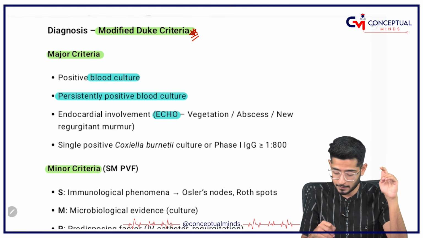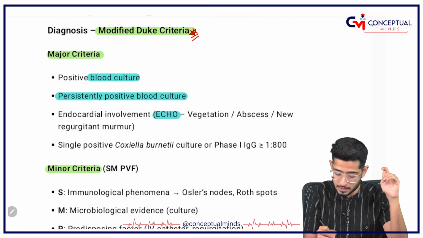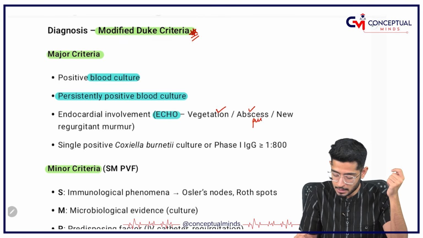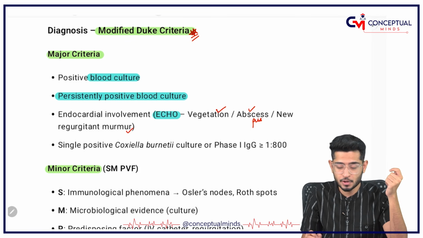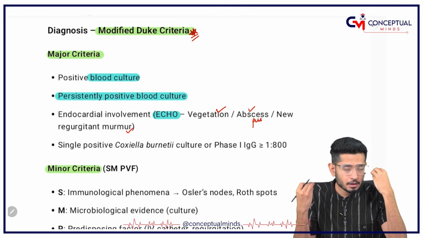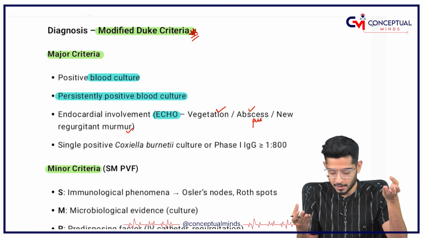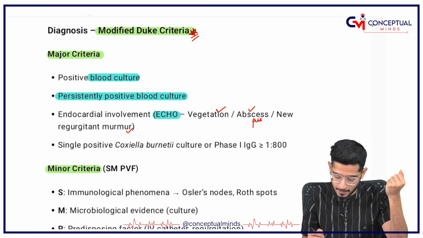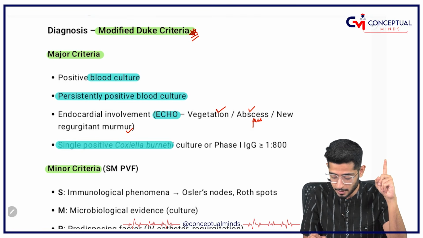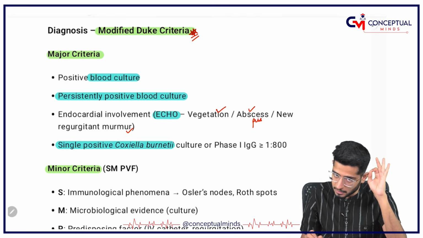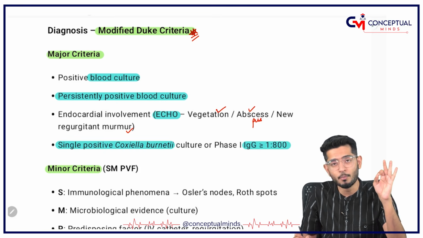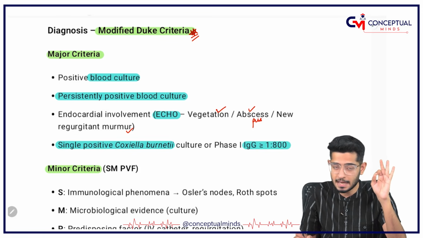you have the involvement, like the vegetations can be there, like abscess formation can be there, pus formation, like some murmur is there. So you are confirmed that the heart itself is showing you some things. That's the major criteria. And there is an organism, so single positive culture of that organism, or you have got IgG more than or equal to 1:800.